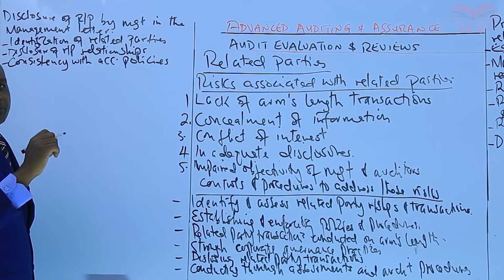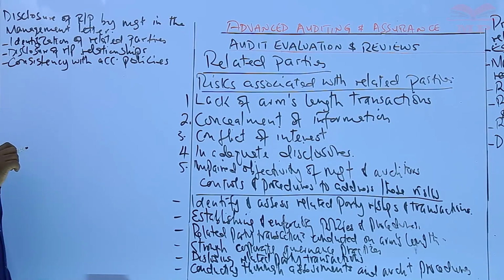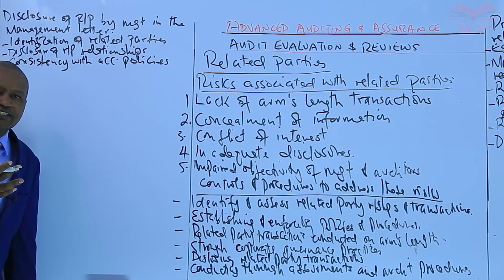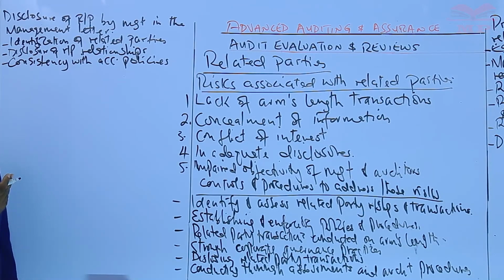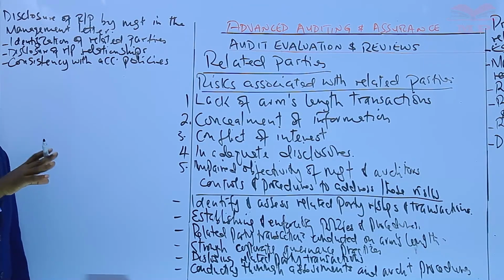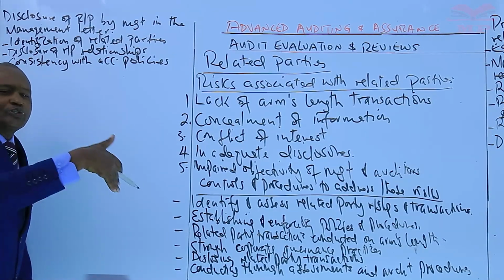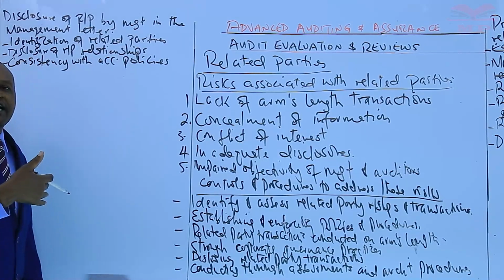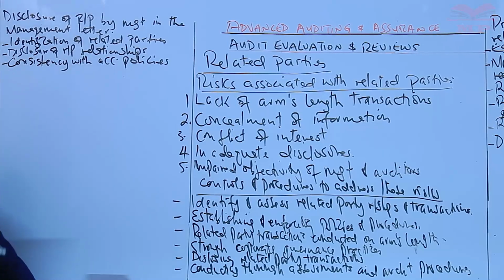Consistency with accounting policies. The management here represents that the accounting treatment and disclosure of related party transactions are consistent with the entity's accounting policies and the applicable accounting standards.